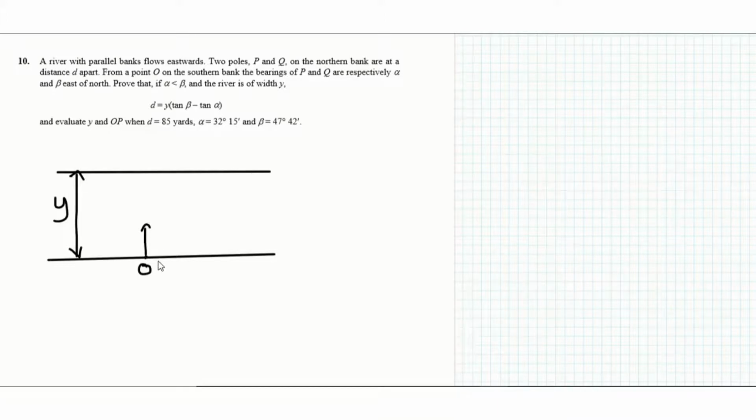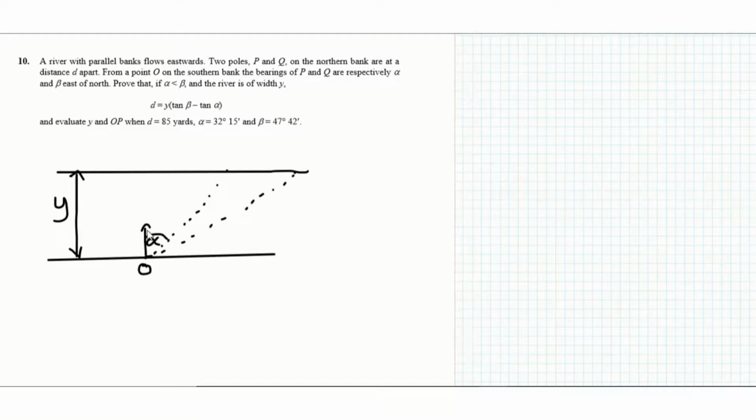We're going to have our alpha here, and then next up we're going to go out here and I have to extend this line. We're going to call this one beta, okay?